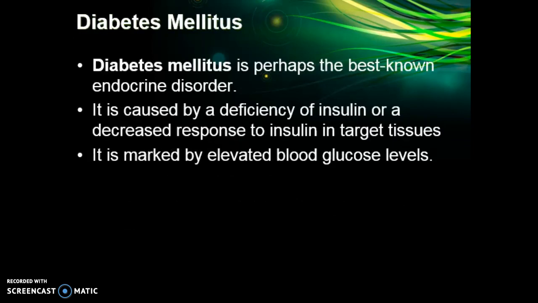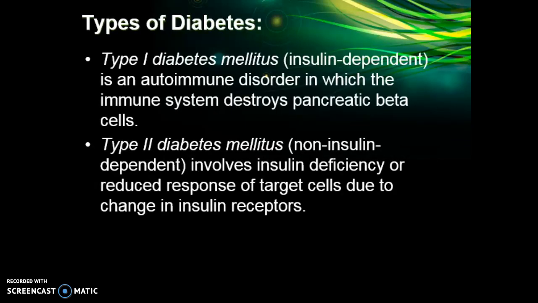So diabetes mellitus is probably the best known endocrine disorder, and that's when folks don't have proper functioning insulin. Type 1, type 2, they're caused by different things. Notice that type 1 is autoimmune, so that presents a whole host of other issues. Research shows that if you have one autoimmune disorder, you're much more prone to develop other autoimmune disorders.